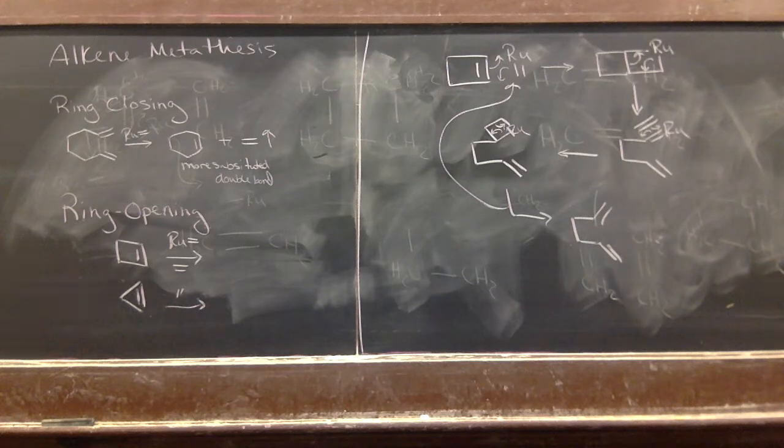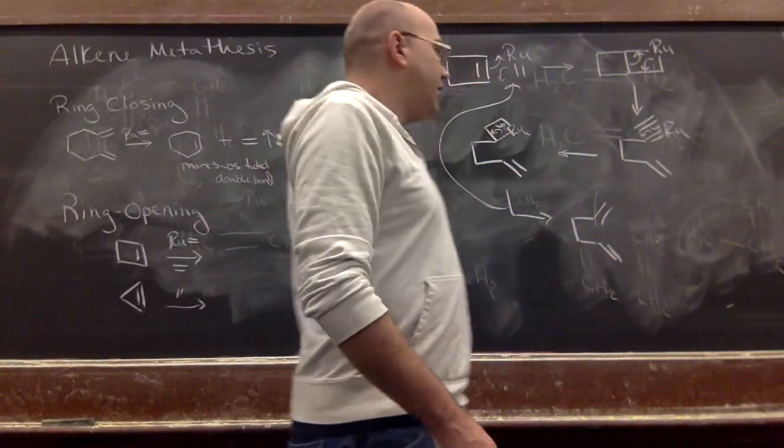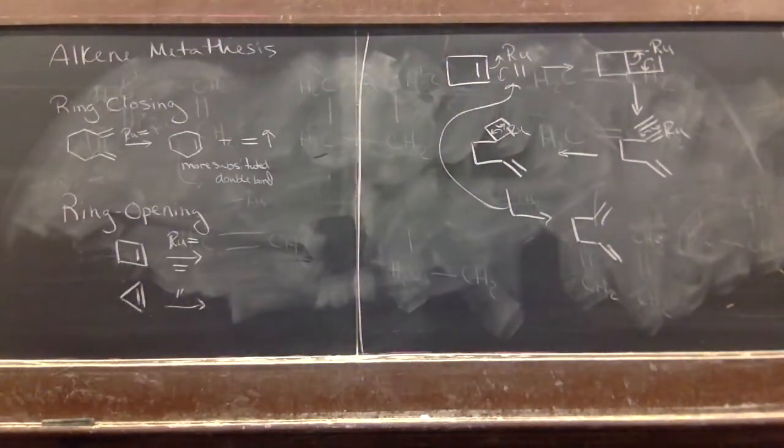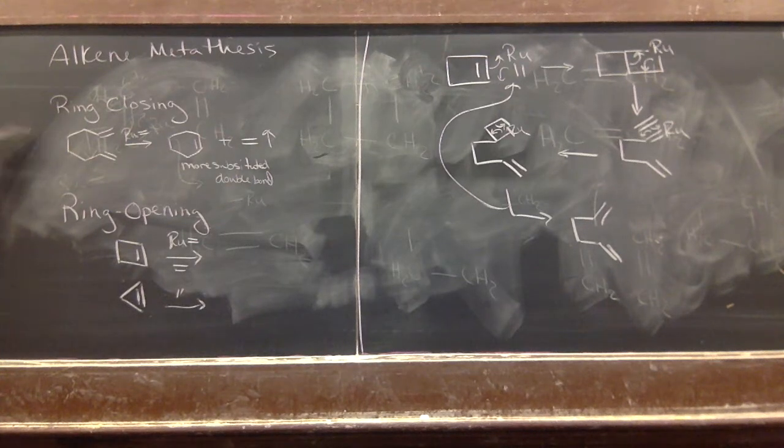So it would be basically the linear pentadiene. Okay. All right, so this makes sense? It's pretty straightforward. Mechanism is a little bit different than what we've seen in the past, but you do the 2 plus 2, you do the retro 2 plus 2, keep pushing the arrows in the same direction, you get these bond reorganizations. Okay. All right, so ring closing, ring opening.